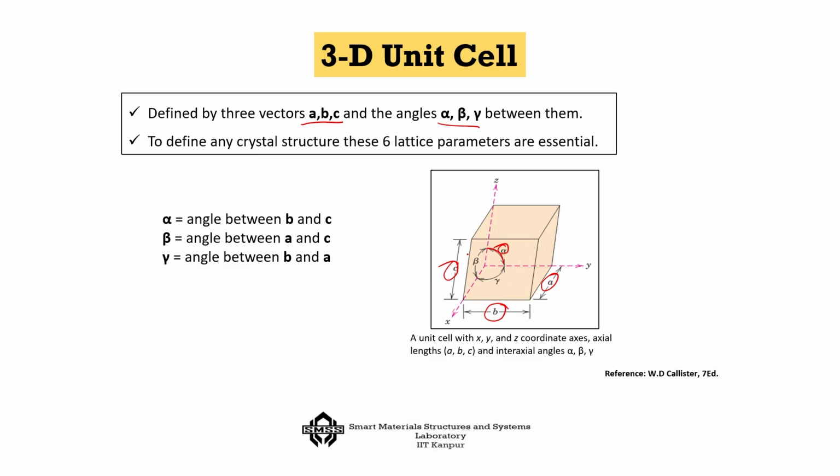So, that vector turning towards the x direction, that was in the yz plane, then in the xz plane it is beta, and then in the xy plane it is gamma. So, you are going to characterize a unit cell by 6 parameters. The maximum generic unit cell possibility will be when you are going to have 6 different parameters A, B, C as well as alpha, beta and gamma.